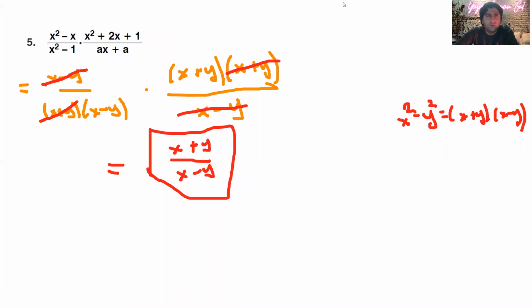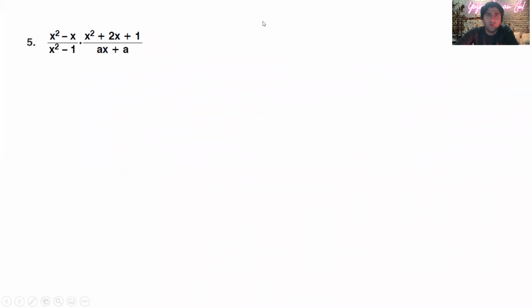Right, question 5. Let's quickly look at this one too. Again, I'm just going to write everything here in this corner. Firstly I have x squared minus x, which equals x times x minus 1.